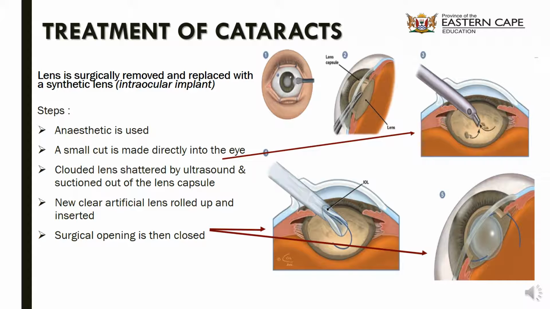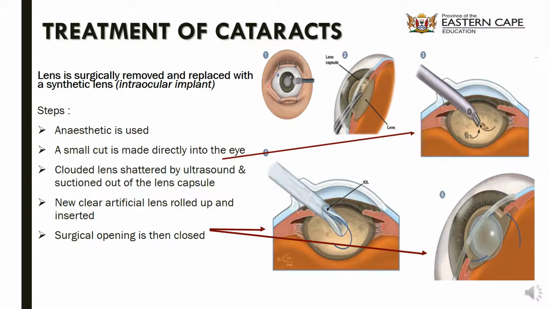So they surgically remove that lens and replace it with a synthetic one, an artificial lens. They make a small cut through the eye, and they use ultrasound suction.